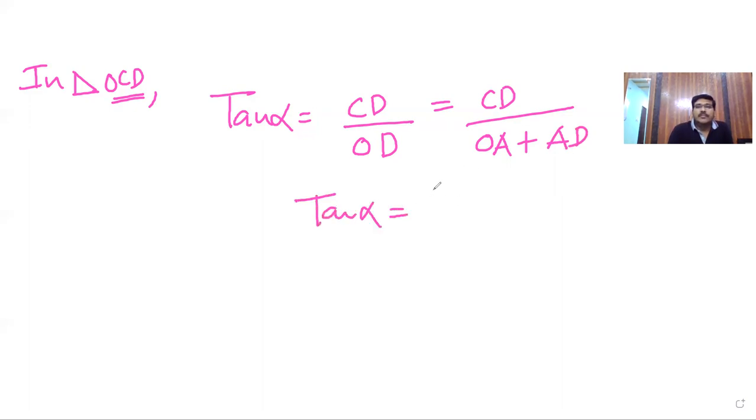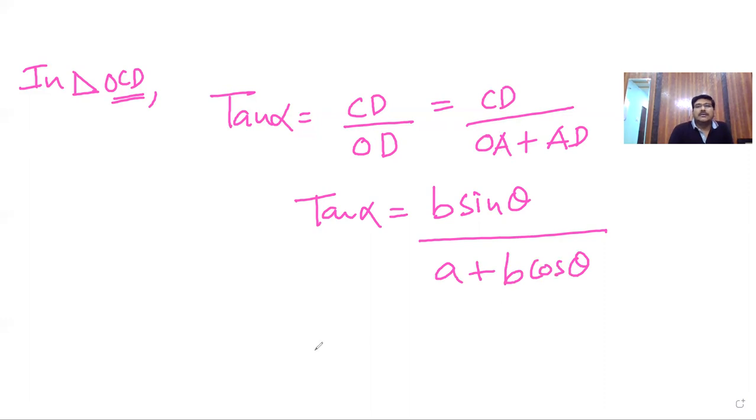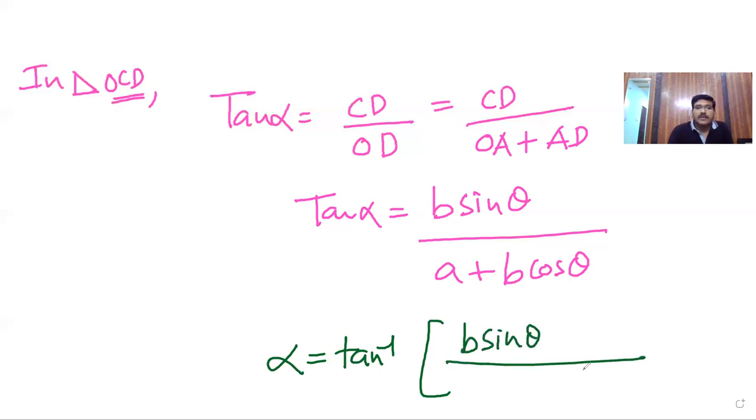CD is B sin theta, OA is A, plus AD is B cos theta. So finally alpha is tan inverse of B sin theta by A plus B cos theta.